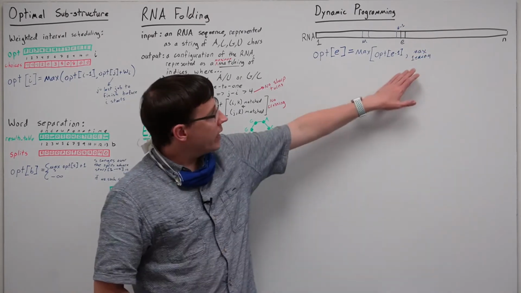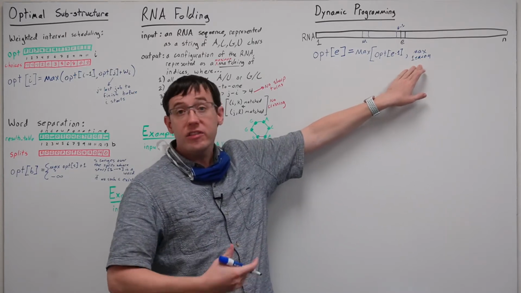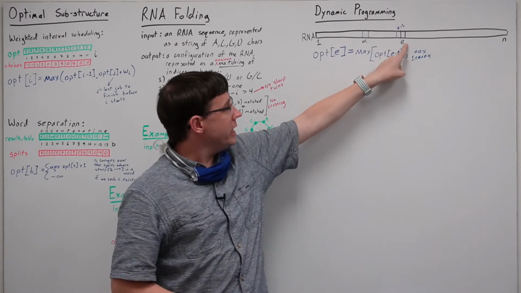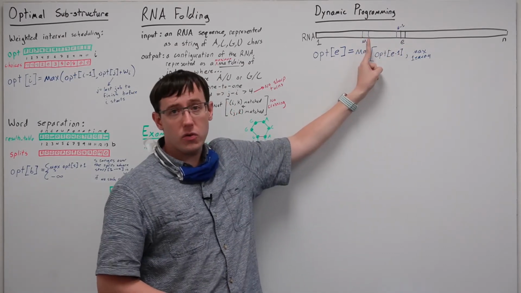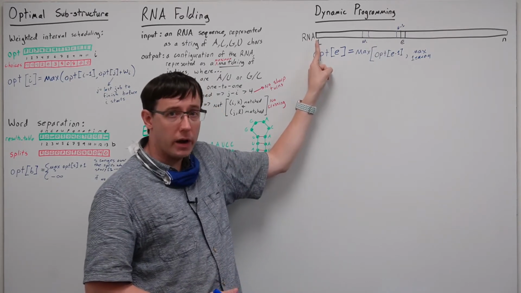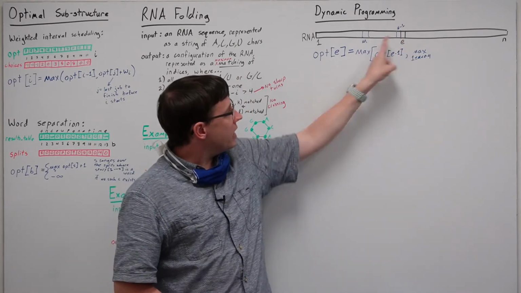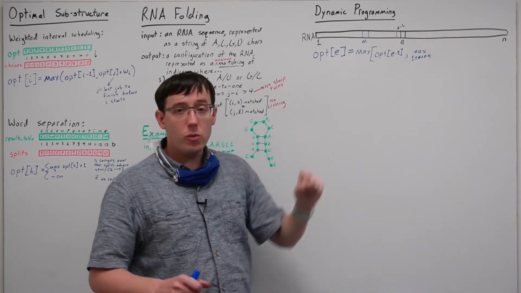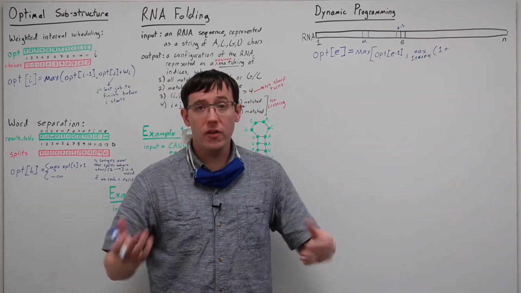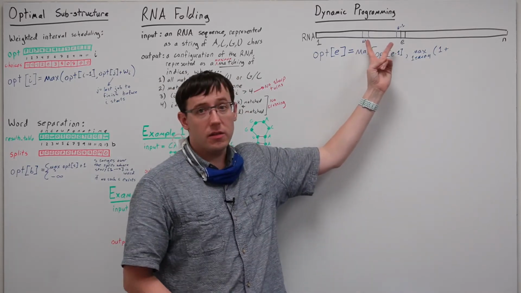And so we can take the best value from the different subproblems corresponding to matching e with a base at index m, where m can be anywhere from 1 up through e minus 5. So if we match up e with m, then that will give us one pairing, plus however many additional pairings we can make after we have done this pair.